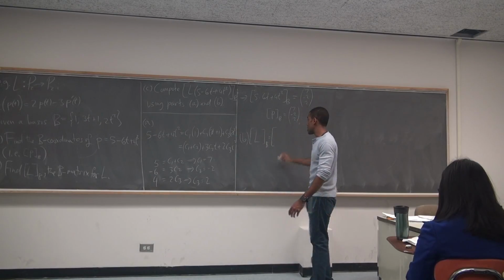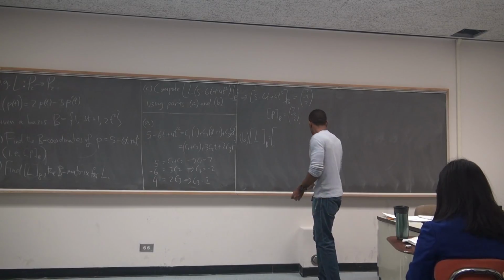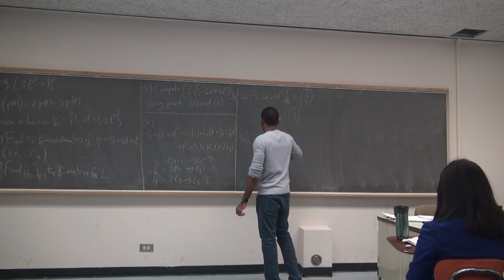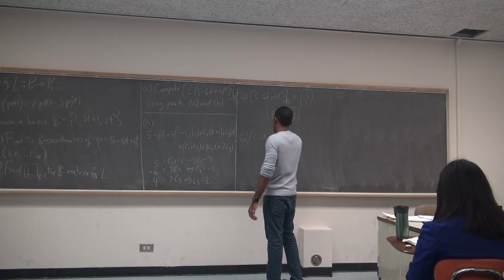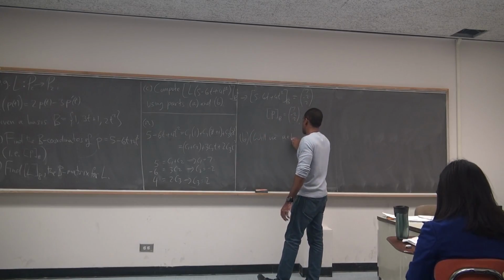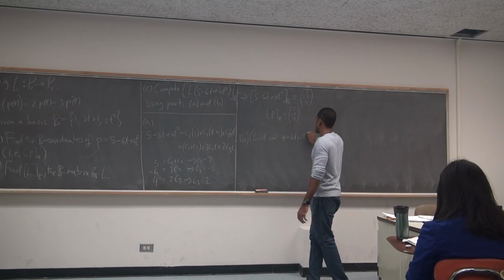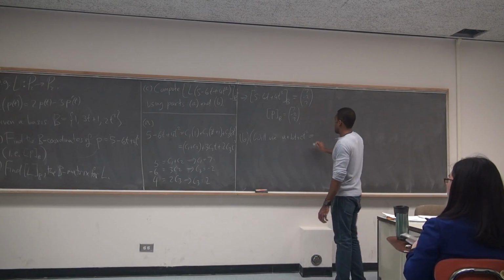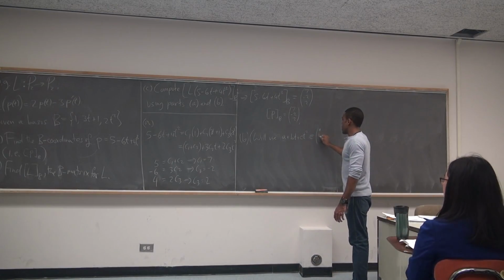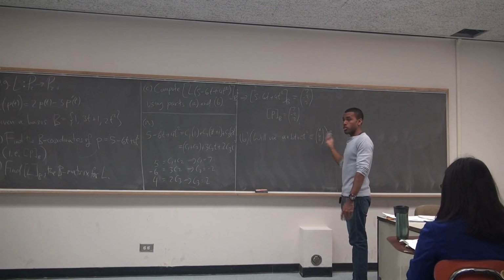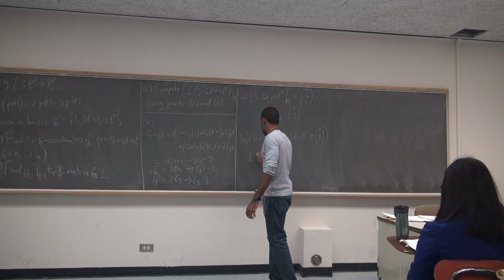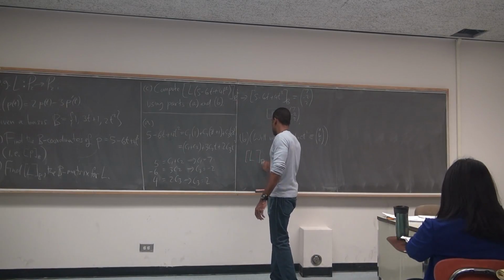I'm going to plug in each of these guys. I will think of a plus bt plus ct squared as the vector a, b, c. It makes it easier to write, and it's actually the same thing. It's an isomorphism. So now what I want to do is find L with respect to B.